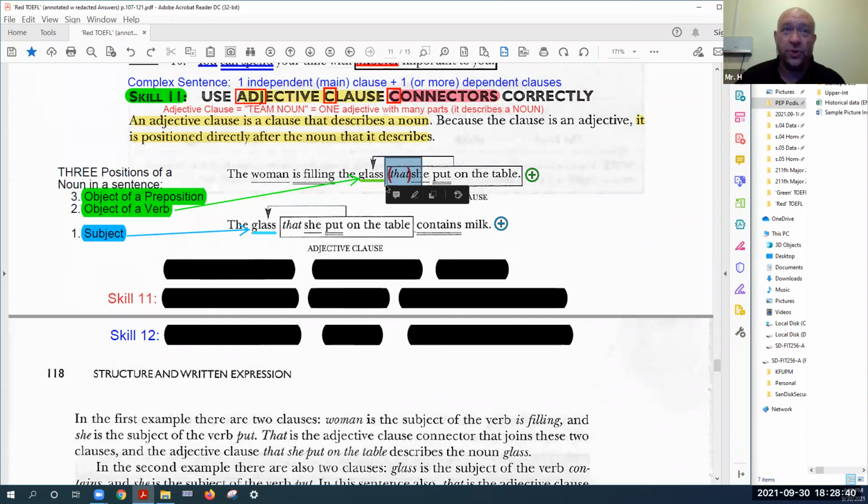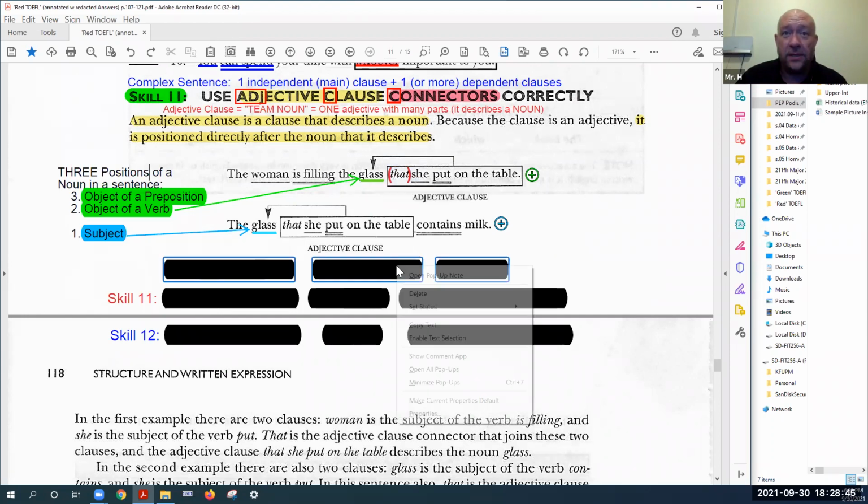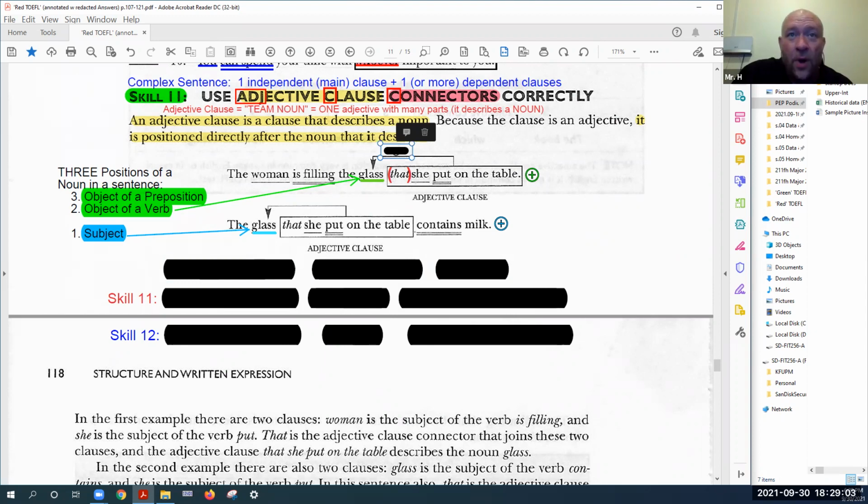The special rule is we can remove the connector sometimes. Sometimes the connector is optional. In this example, I want you to read this sentence again without this connector. Ibrahim, can you read this sentence again? The woman.